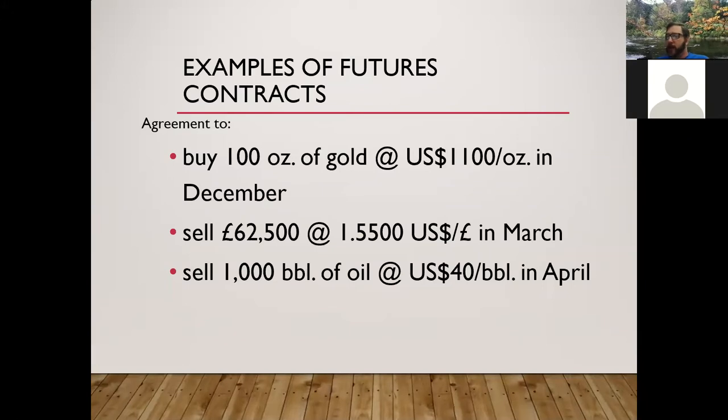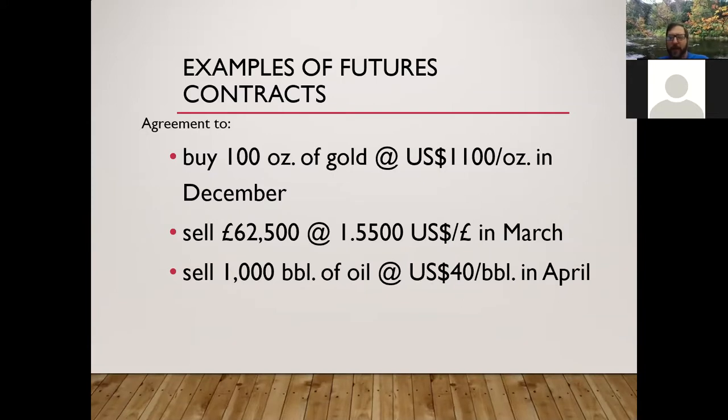You see this example, I'm going to sell 62,500 pounds, and I'm locking in my exchange rate of $1.55 per pound, right? So this would be an example if you're a US firm, but you do a lot of sales in the UK. So you're going to end up with British pounds, but you don't want them.